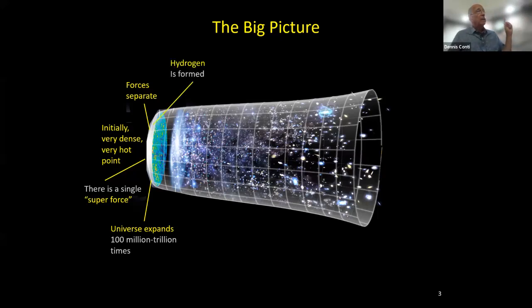Then, and this is very important, hydrogen was formed. The very first atom was formed, again, in the very early universe. At some point, light appears. Up to that point, the universe was dark. All of a sudden, 380,000 years after the universe began, there was light.